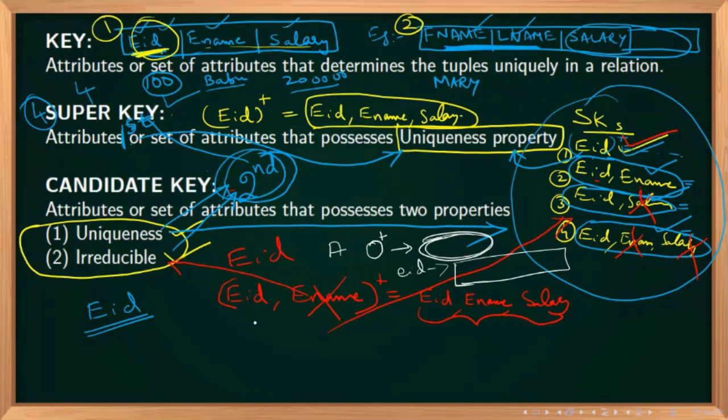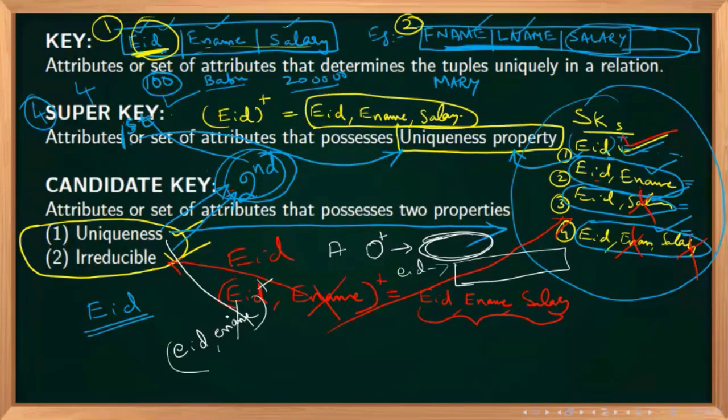Now employee ID is the key. I am adding employee name. Employee ID, comma, employee name, the uniqueness property will be satisfied, so definitely it is a super key.